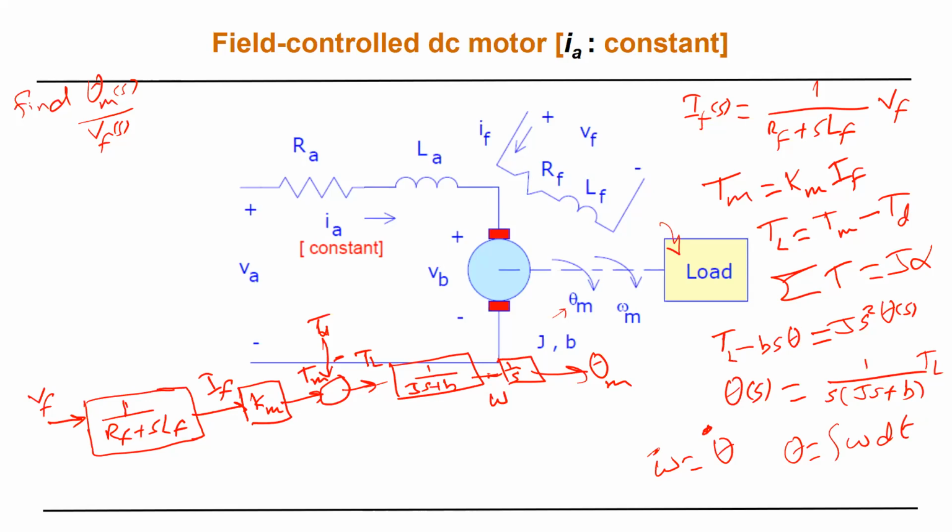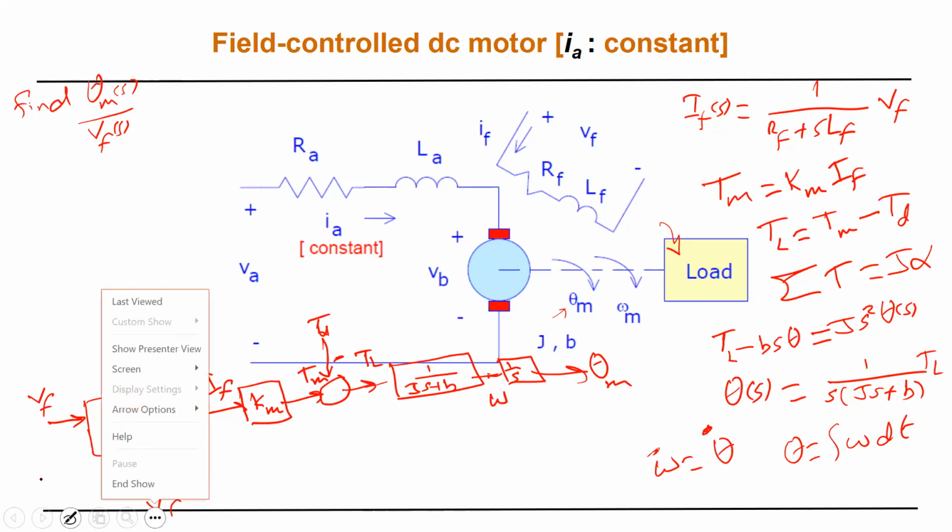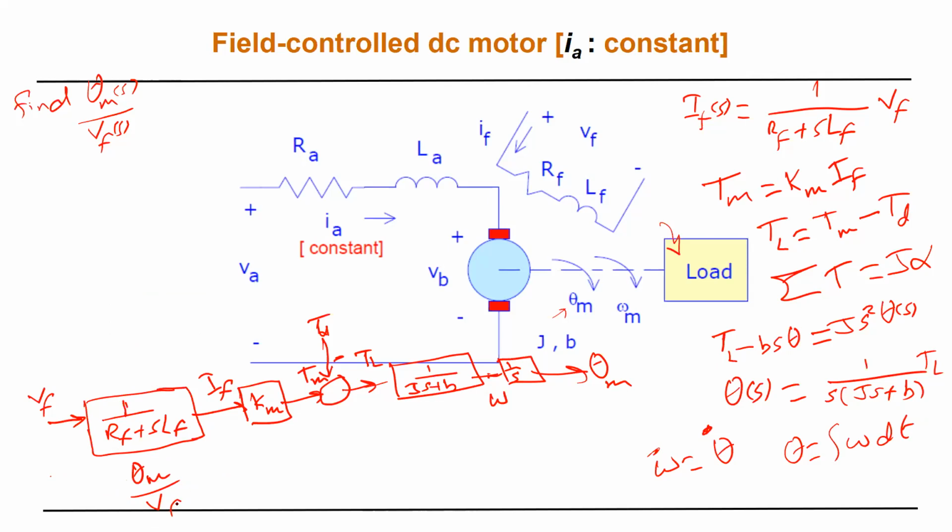Now tell me, if I need theta m over VF, we just multiply Km by 1 over Rf plus S Lf. So basically you multiply the gain of all the boxes. Assume that TD equals 0, since I need the transfer function between theta m and VF.